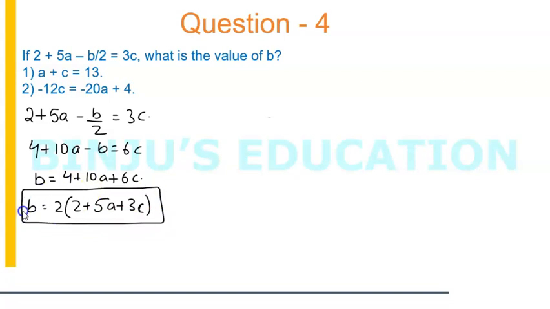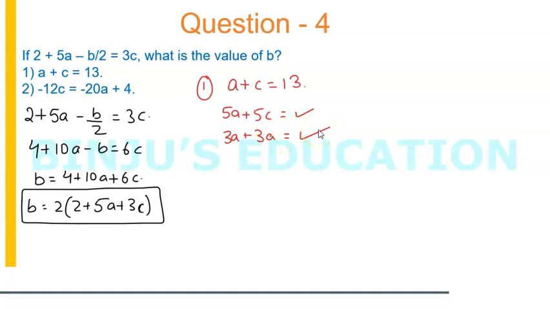Okay, so if somehow I can figure out the value of 5a plus 3c, I think I'll be done with this question, right? That should be my goal. That is something that I'm looking for. What's statement number 1? Statement number 1 is a plus c is equal to 13. Now if a plus c is equal to 13, I can either calculate the value of 5a plus 5c, or I can calculate the value of 3a plus 3c.